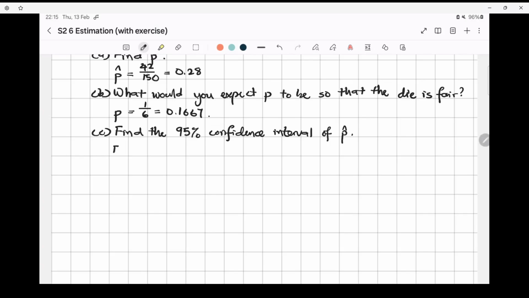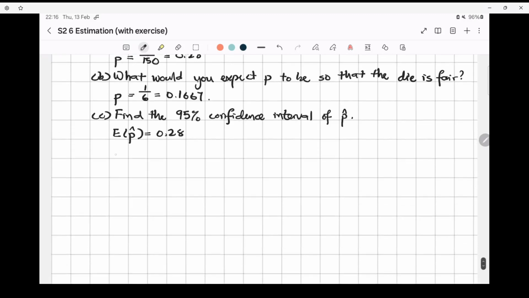So the expected value of p hat basically is 0.28. The variance of p hat would be 0.28 times 0.72 divided by 150. So I did not actually calculate that, so let's leave it as a fraction for the moment.